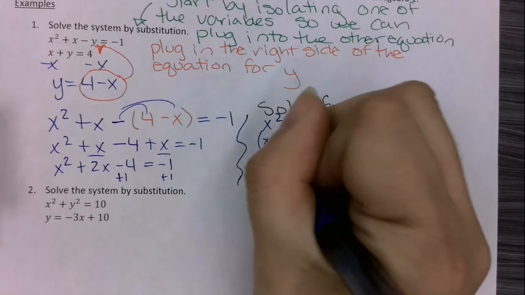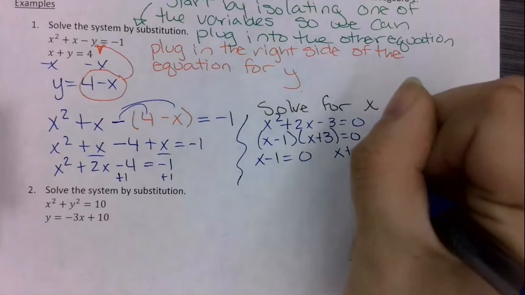So then I have x minus 1 equals 0, and x plus 3 equals 0.